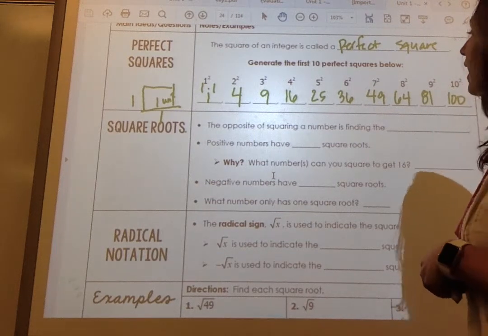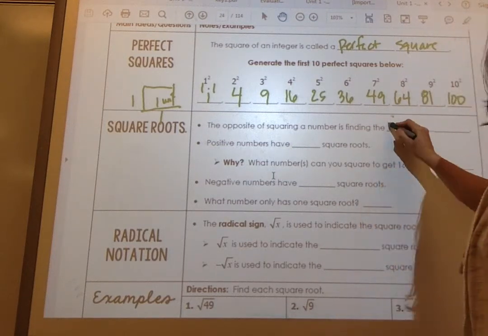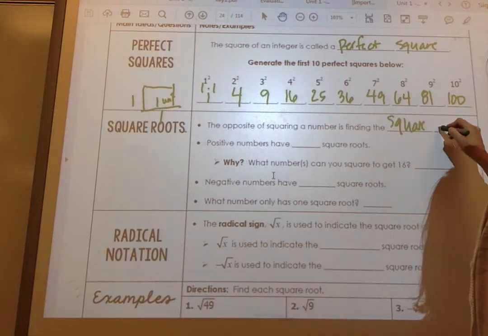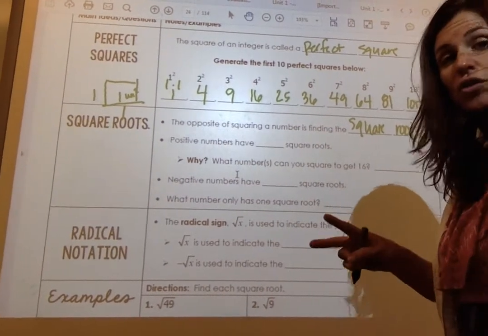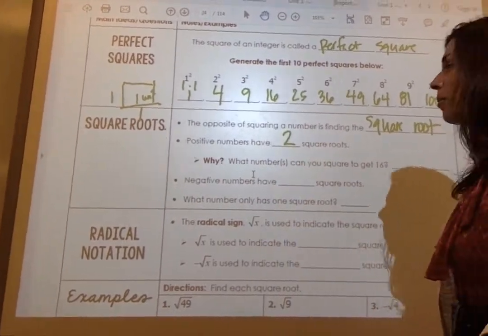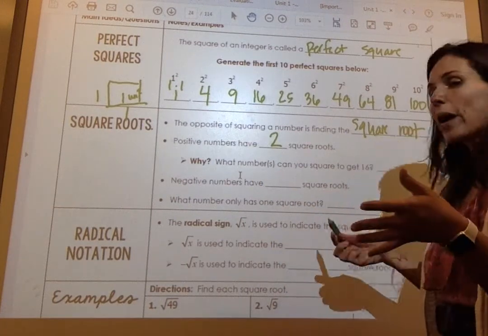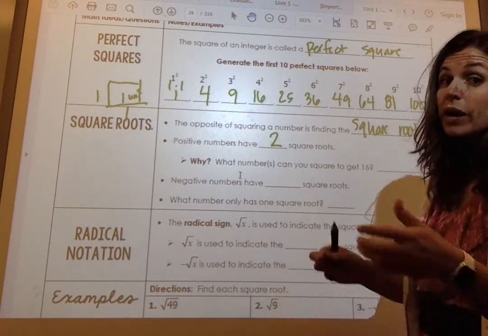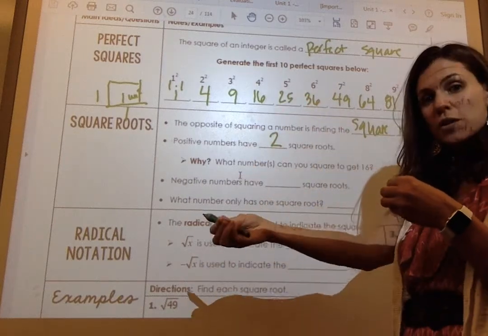Okay? Now, the opposite of squaring a number is finding the square root. So let's take a look at what that is going to look like. Positive numbers actually have 2 square roots. And we don't think of it that way, but they do. But let's talk about why that would be. What number can you square to get 16? And remember, we're squaring. It's the same number times the same number, which gives us a product.